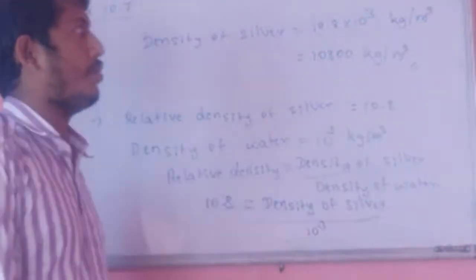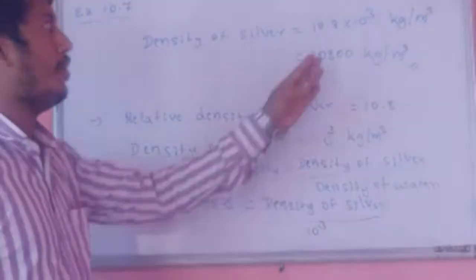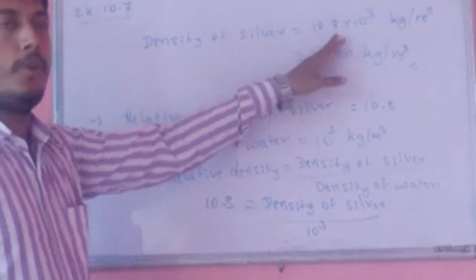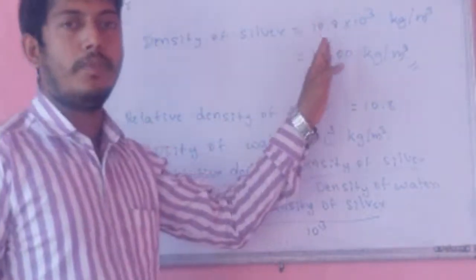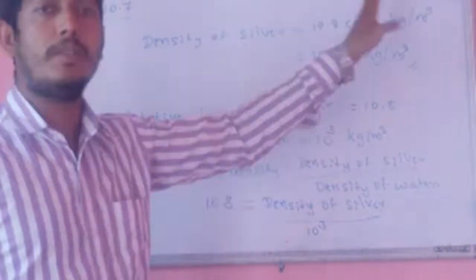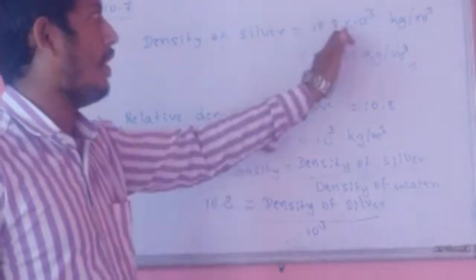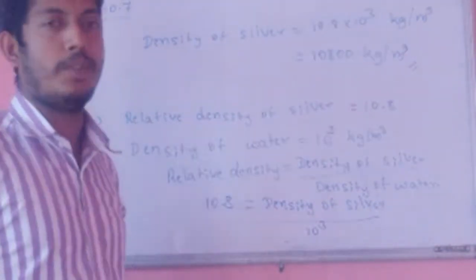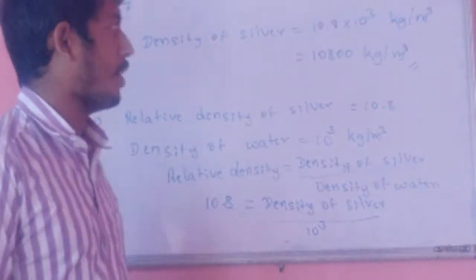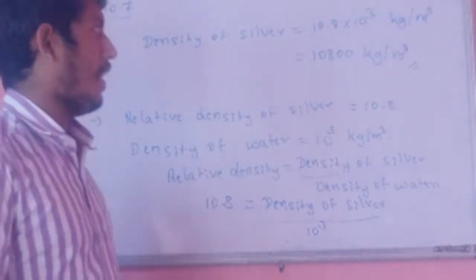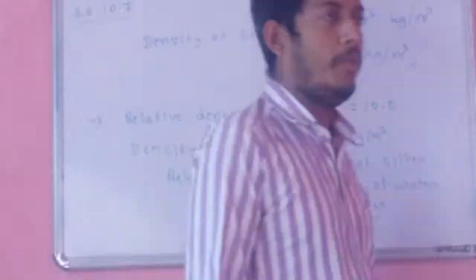Okay, this is the solution. Because the decimal point is present one digit before, totally 3 digits after it we have to put, so 1, 2, 3, 20 comes extra. Therefore the density of silver is 10,800 kg per meter cube.